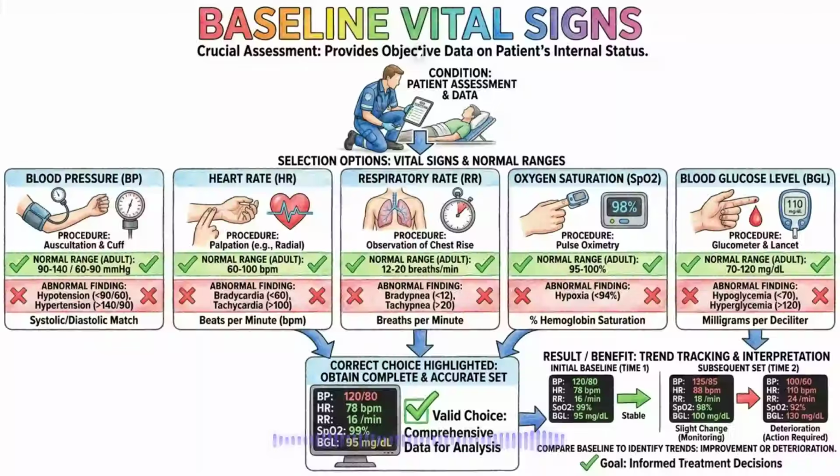Obtaining a baseline set of vital signs is a crucial part of your assessment, providing objective data about the internal status of your patient. A complete set of vitals includes blood pressure, heart rate, respiratory rate, oxygen saturation, and blood glucose levels.